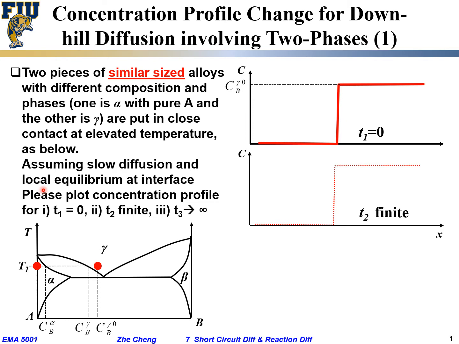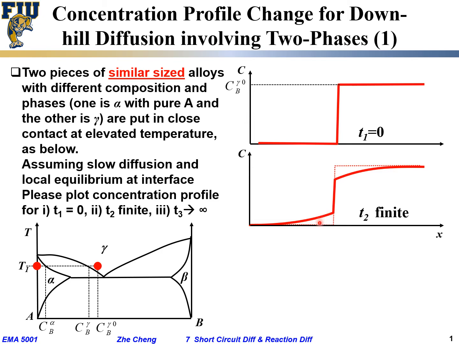Then for finite T, how would you draw the concentration profile? Well, I draw it something like this. Here I'm within which phase? This gradual change, I'm within what phase? Alpha phase.